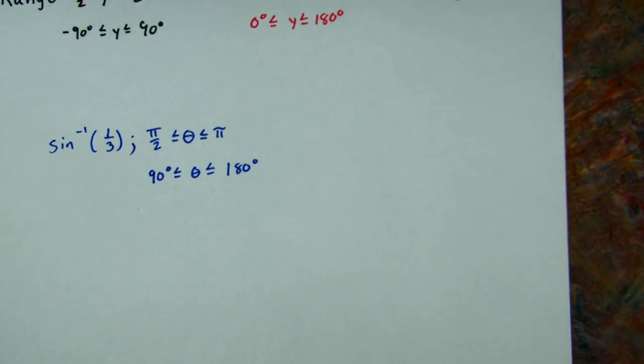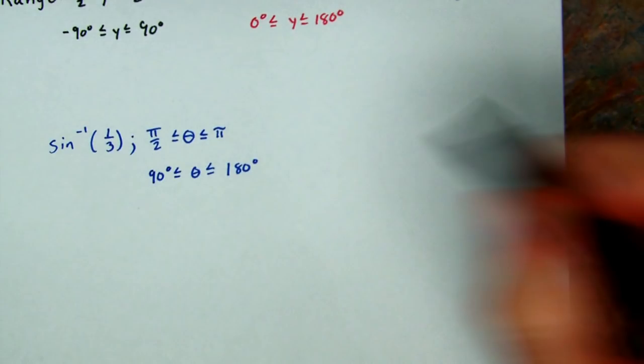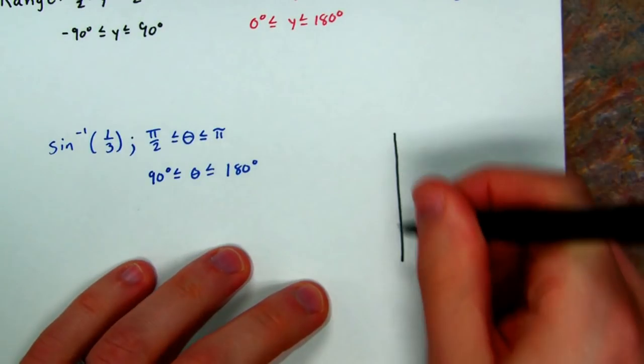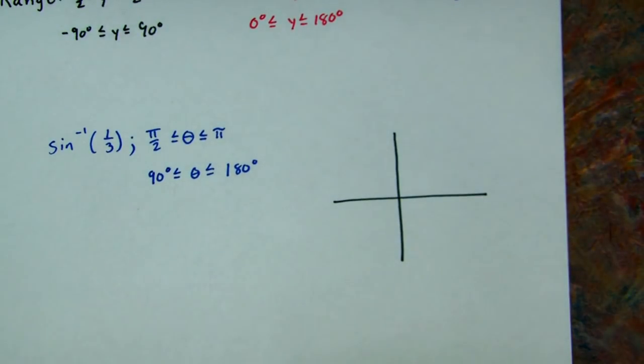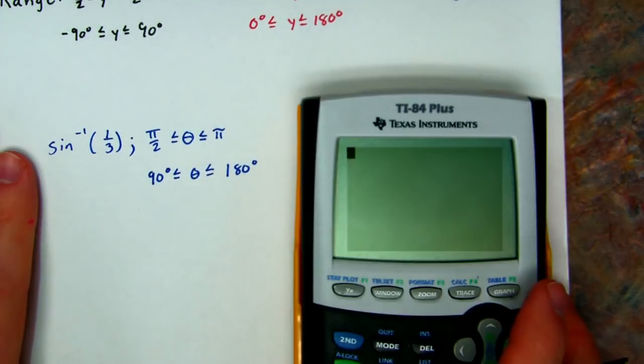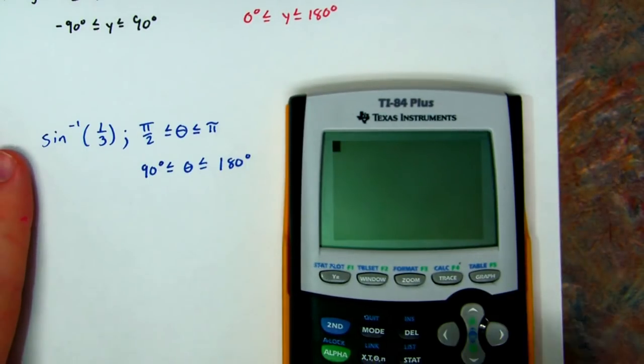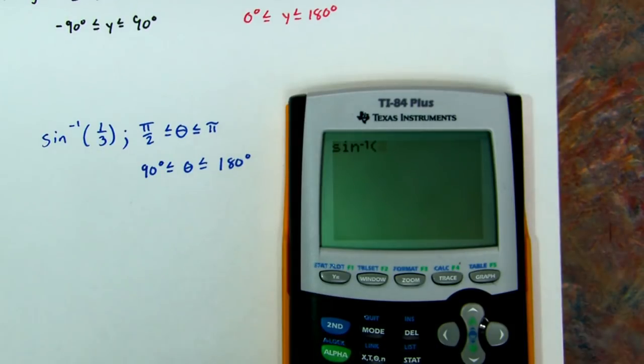Now this is going to be very useful once we get into some physics applications, but we're going to keep it conceptual for right now. So the way I'm going to handle this is I'm going to start with a picture to illustrate what I'm doing. I'm going to start here using my calculator and evaluate sine inverse of 1/3.